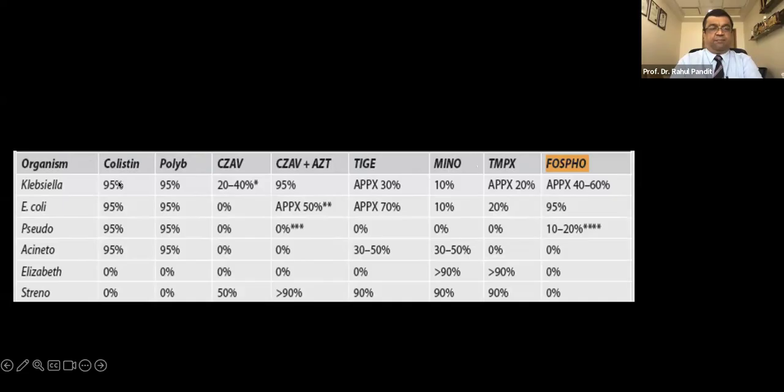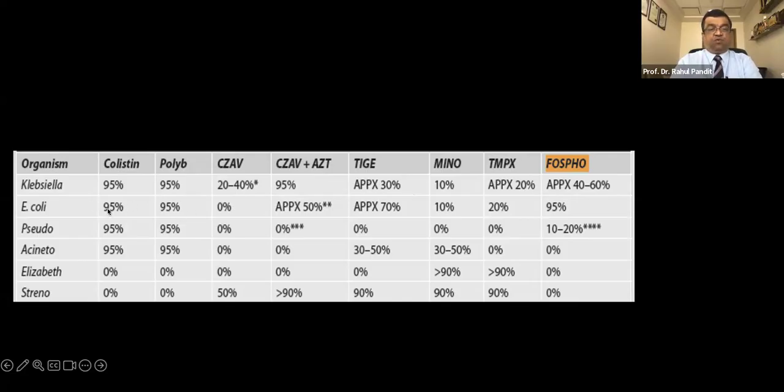So for all the NDM producers, the Klebsiella, E. coli, and Pseudomonas, the colistin, polymyxin B work really well. Whereas if you just take up Klebsiella, it will need a ceftazidime avibactam plus aztreonam combination, but for the rest of them, the sensitivity is less than half, or only 10%.